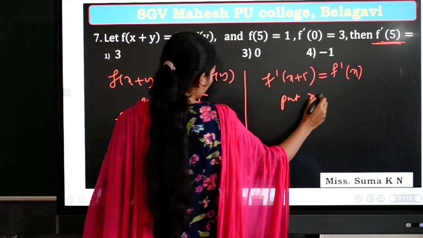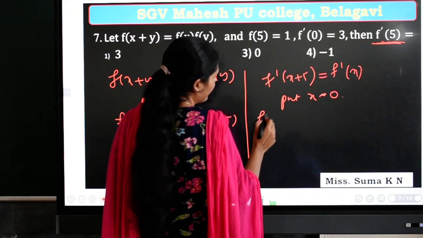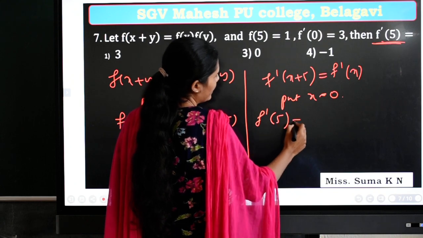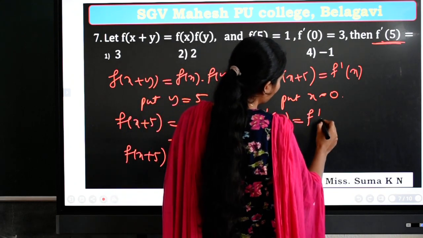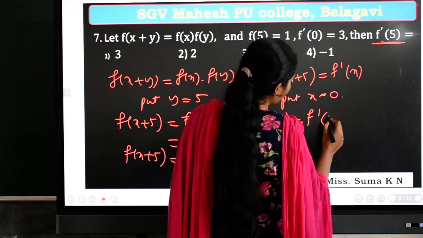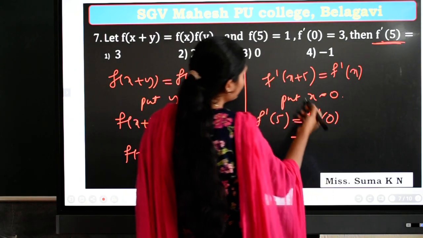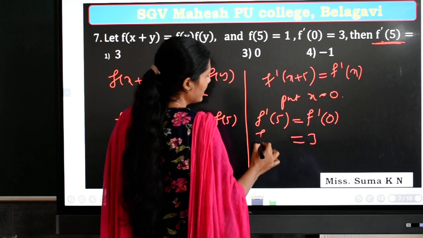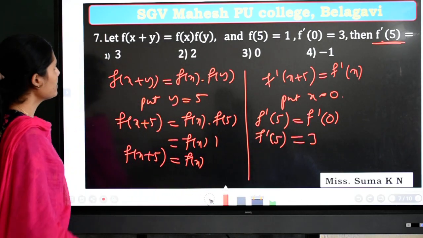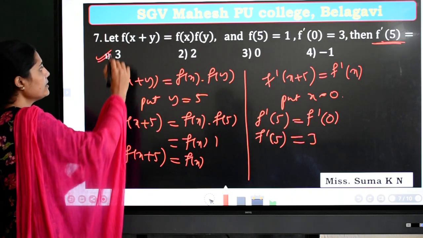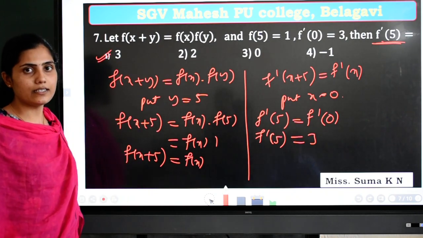Put x is equal to 0, you will get the answer. F dash of phi is equal to f dash of 0. F dash of 0 is given, that is 3. So f dash of phi is equal to 3. Which option is the right answer? Option 1 is the right answer, that is 3.